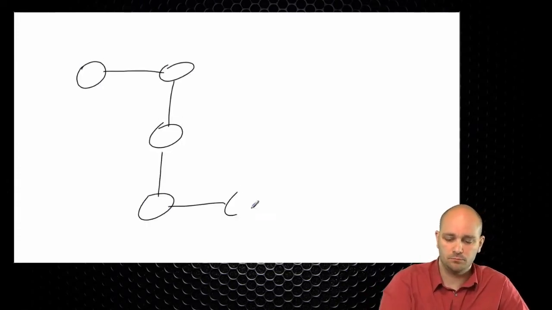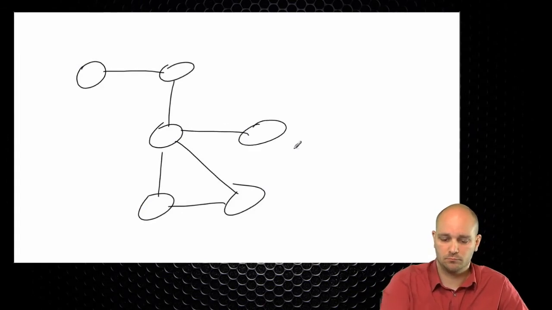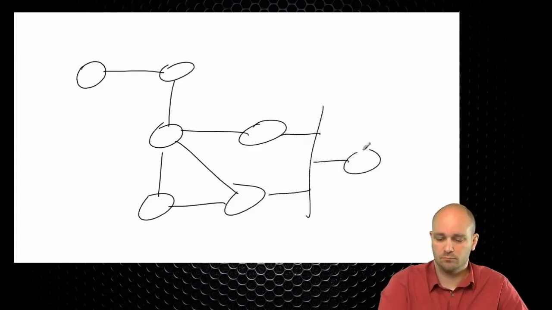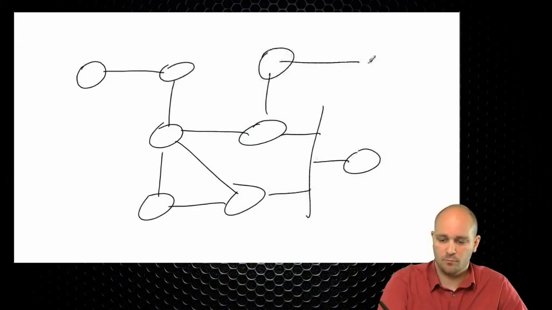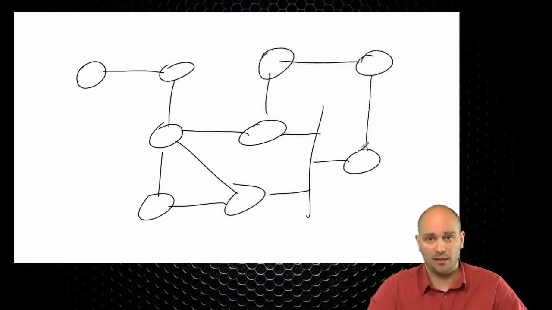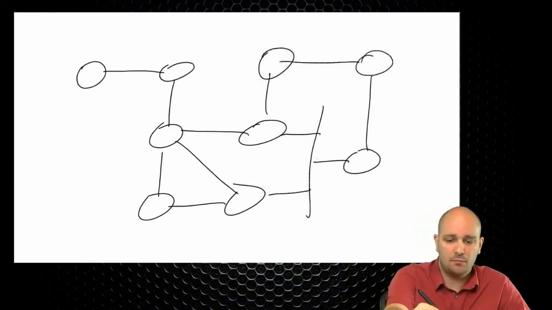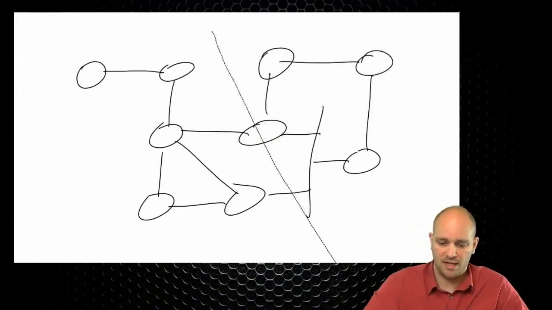So let's say that you had a network diagram that looked something like this. Now, if you have a network diagram like this, good luck. And let's say that this network really was divided into two parts, like this.